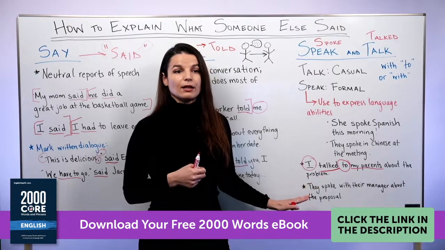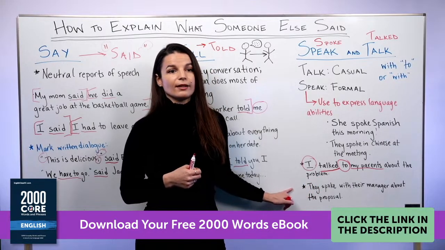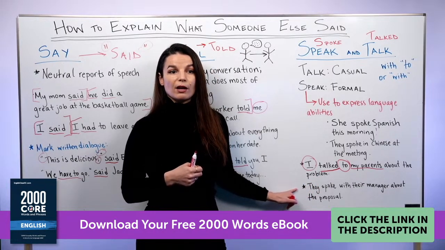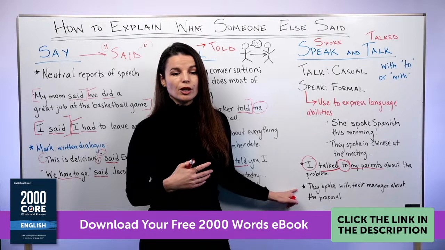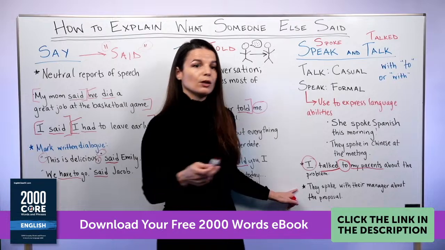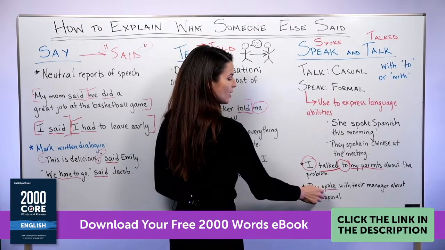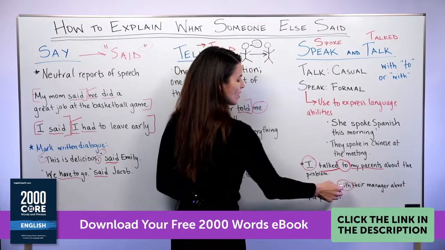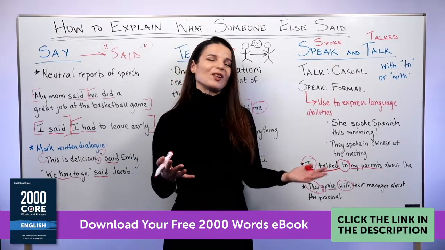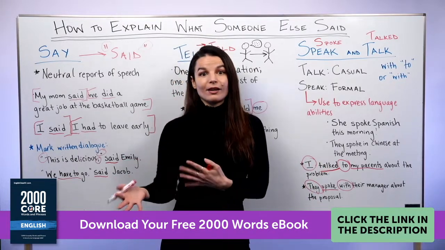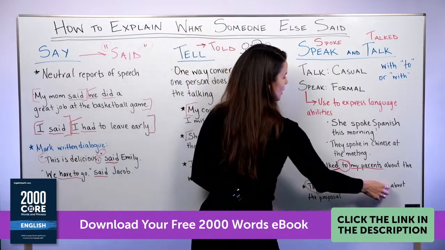Let's use speak in the next one. So spoke in past tense. They spoke with their manager about the proposal. Again, let's break this down. They spoke, past tense here, my preposition with, and here's speaker one, or group of speakers, they, in this case, maybe a team, right? And the manager, yeah?